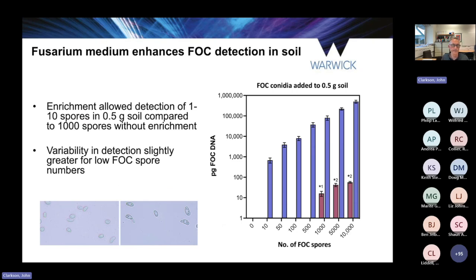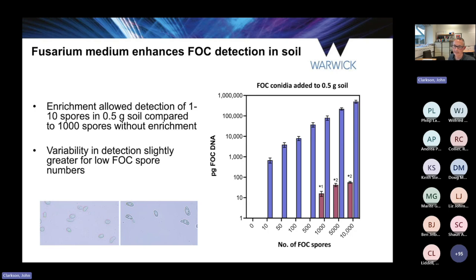And so this enrichment did indeed allow us to increase the sensitivity of our test. We did some very simple experiments where we spiked f.sp. conidia into the soil, in 0.5 gram samples. You can see from the graph on the right-hand side, the smaller red bars represent detection using direct DNA extraction just from soil, so without enrichment.